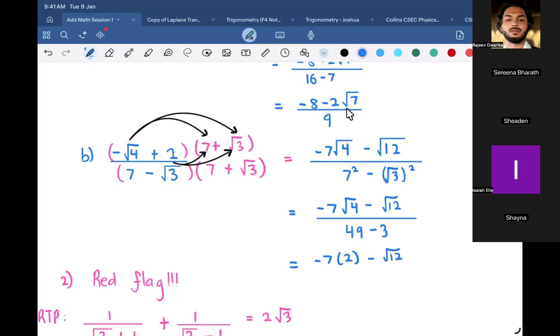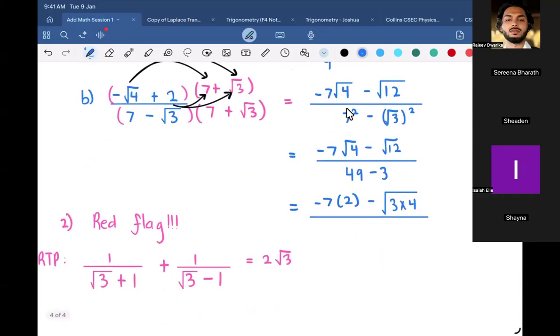Isaiah, is there any other way I could write root 12? 3 root 4. Say that again. 3 root 4. So I could write it as the square root of 3 by 4. And in the denominator, we're going to have 49 minus 3, which is 46.